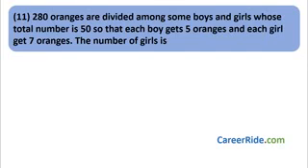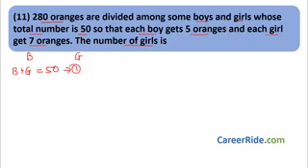Question number 11. 280 oranges are divided among some boys and girls whose total number is 50, so that each boy gets 5 oranges and each girl gets 7 oranges. The number of girls is... again very easy. Let the total number of boys be B and the total number of girls be G. Total number of girls plus boys is 50.